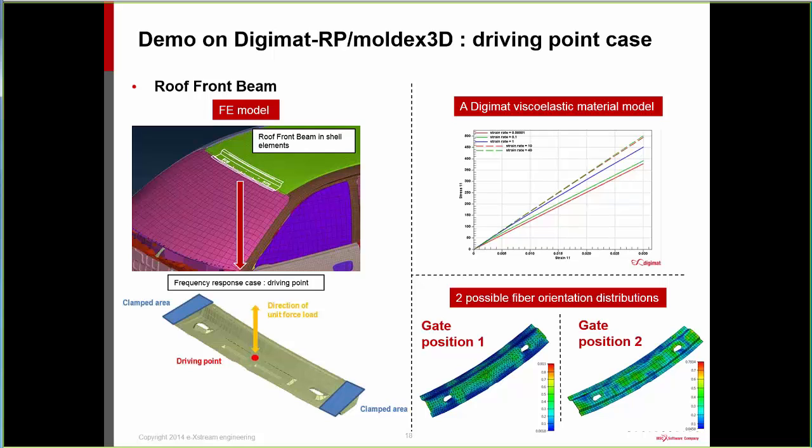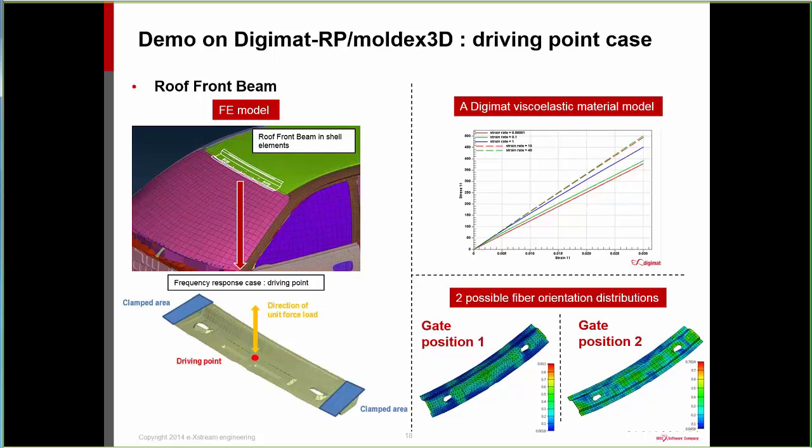This one is a version which is made with a PA6 GF30 reinforced plastic with a thickness of 3 millimeters. We will use a Digimat viscoelastic material model. So you've got on the upper right-hand side of the slide the view of the behavior of this material.